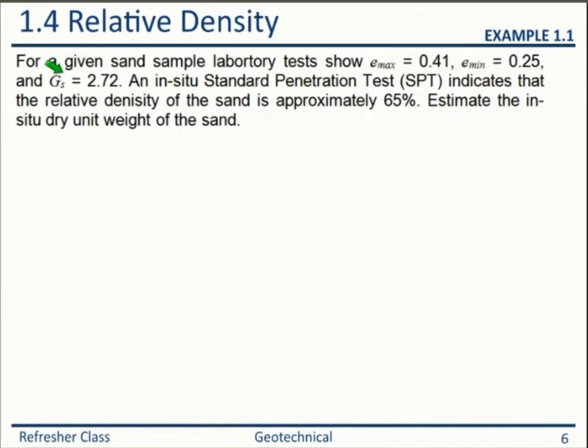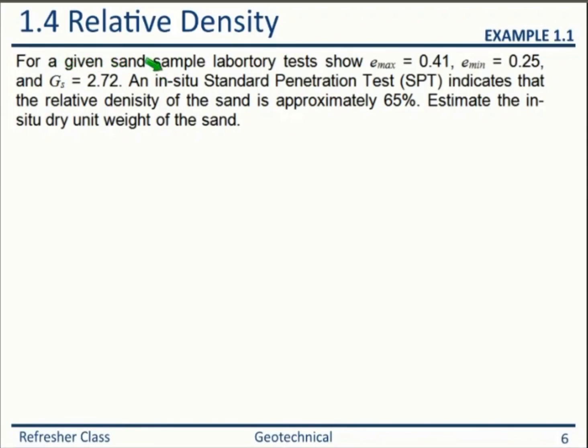The problem says a given sand sample, and these relative densities are only for sand and gravel. These are called coarse material, not silt and clay, because silt and clay are controlled by plasticity, but sand and gravel are controlled by grain size. So this relative density refers to sand and gravel. Therefore, this example is talking about sand.